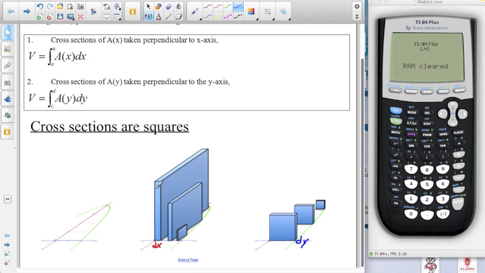If we take a look at this, remember from geometry that the volume of a prism is the area of the base times the height. The area of the base of this prism is nothing more than the cross-sectional area of this square here.